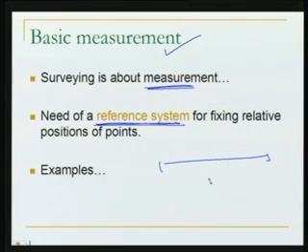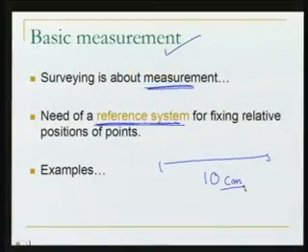Let us say a line is there. I say it is 10. What is the meaning of 10? Nothing. It doesn't convey anything. We need a reference. What is the reference here? The reference here will be 10 centimeter. When we write 10 centimeter, what do we mean?